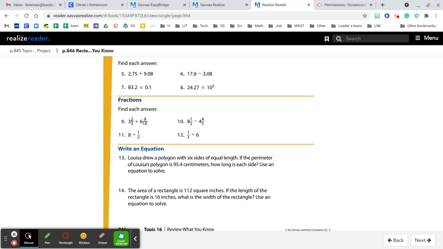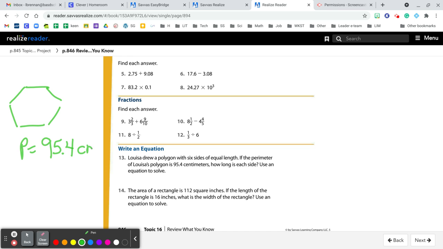And then down into the word problems, Louisa drew a polygon with 6 sides of equal length. If the perimeter is equal to 95.4 centimeters, how long is each side? We know that each side is equal, and when we add them all together, we're going to get 95.4, so we're going to divide 6 into 95.4. 6 goes into 9 one time.